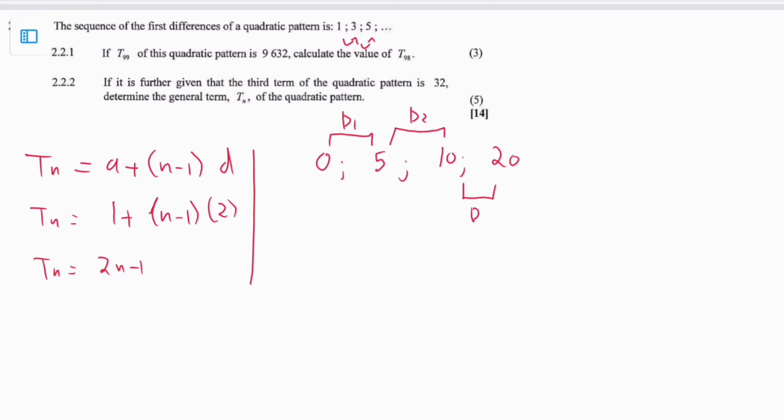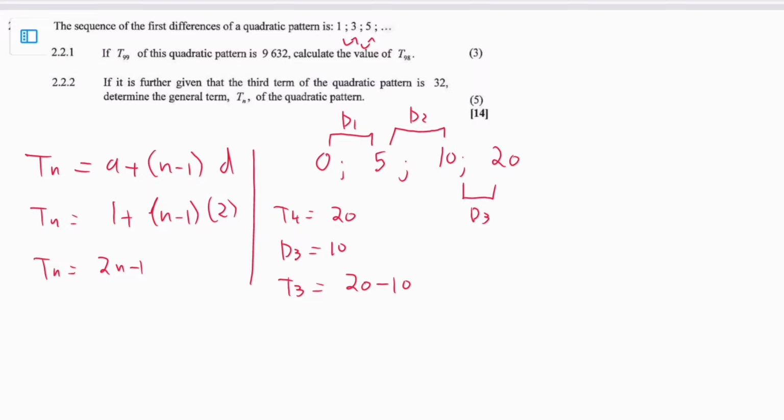This represents D3. Okay. So if I knew, for example, that T4 is equal to 20, and I know that D3 is equal to 10, and someone asks me what is the value of the third term, I would just say 20 minus 10.